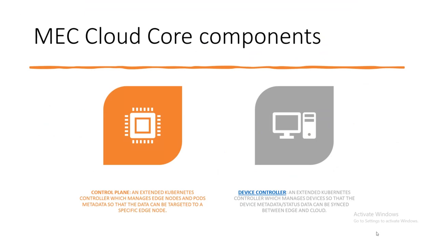First of all, let's talk about the MEC architecture. It is based on virtualization. Basically, on a physical server there is a virtualization layer, and over the virtualization layer, the MEC architecture works.